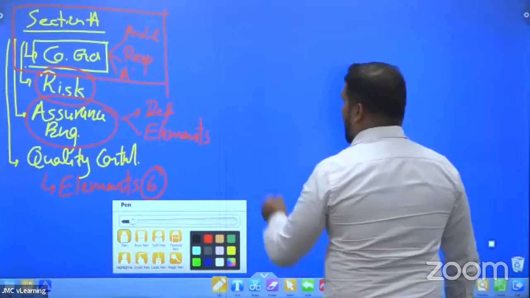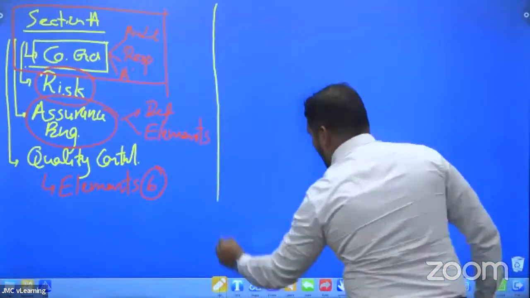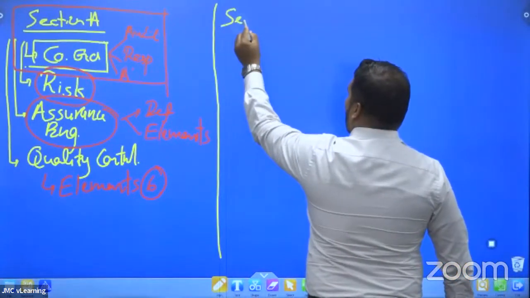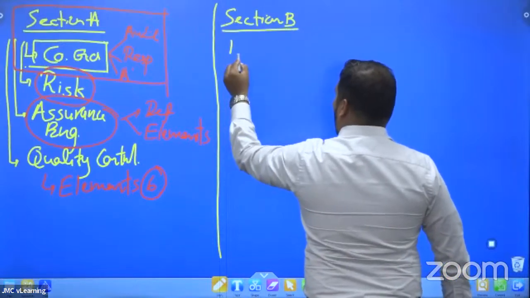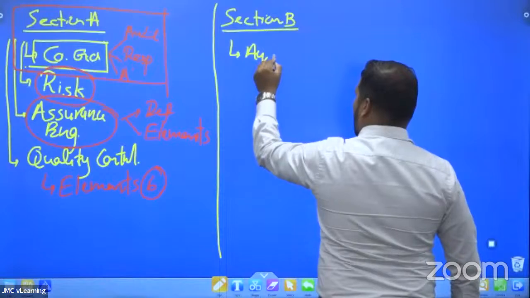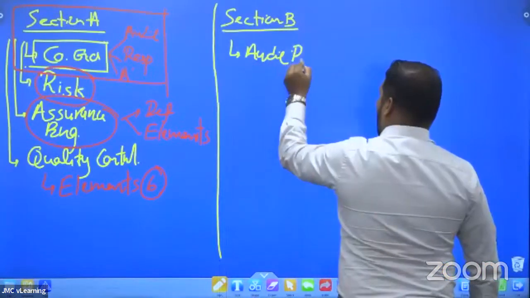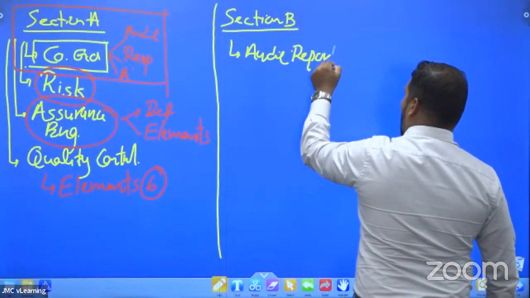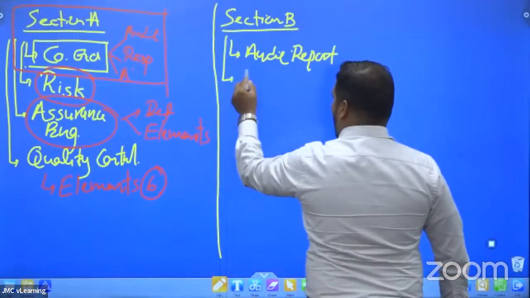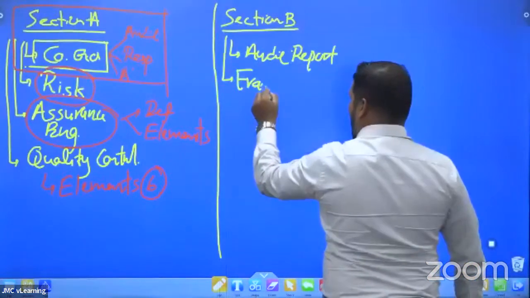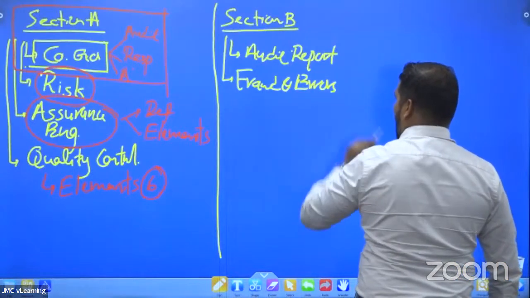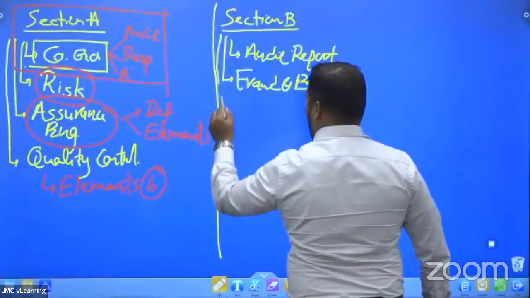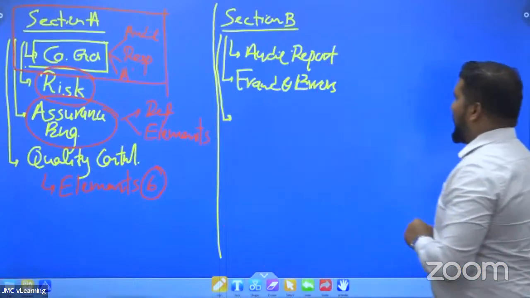Then section B: the audit report, then fraud and errors are the main 2 areas.